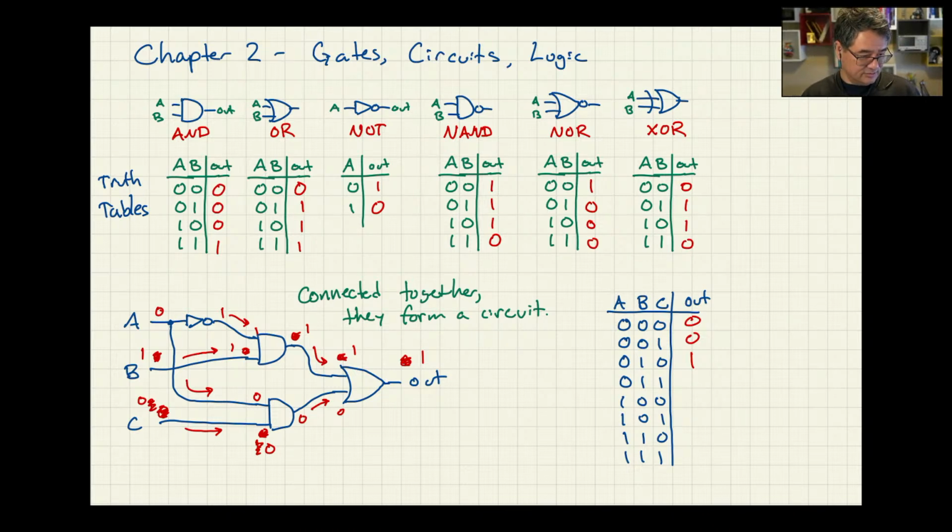Anybody else got an answer? We got now 1, 0, 1, 0, 1. That does match up with my notes. 1, 0, 1, 0, 1. So the only difference between those two answers was that row right there.